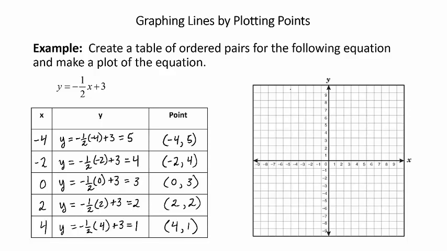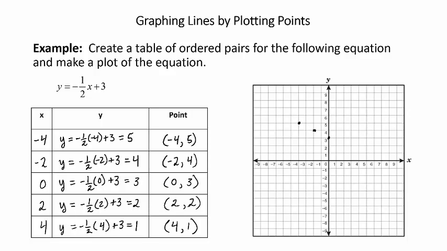Okay, so let's plot these points. When x is -4, y is 5. All right, so on the x-axis we go over to -4 and then we go up to 5. Here we go. And when x is -2, y is 4. And when x is 0, y is 3.